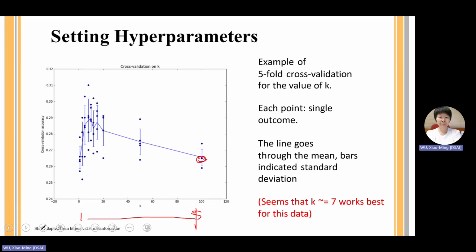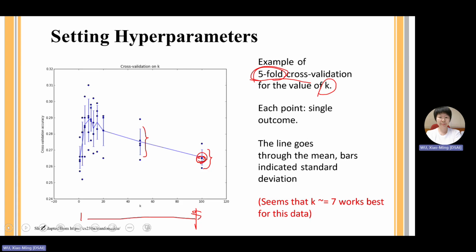The result is averaged over fivefold, because for each K we do fivefold cross validation. So the result is averaged over 5 times, and this represents the variance of the 5 rounds.